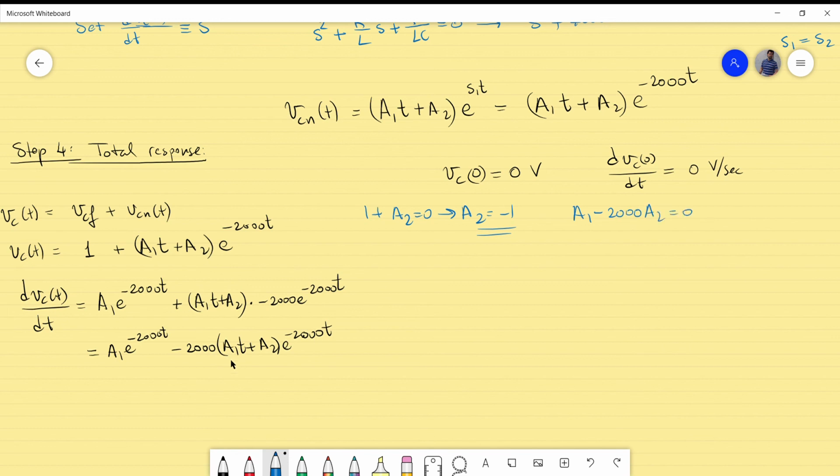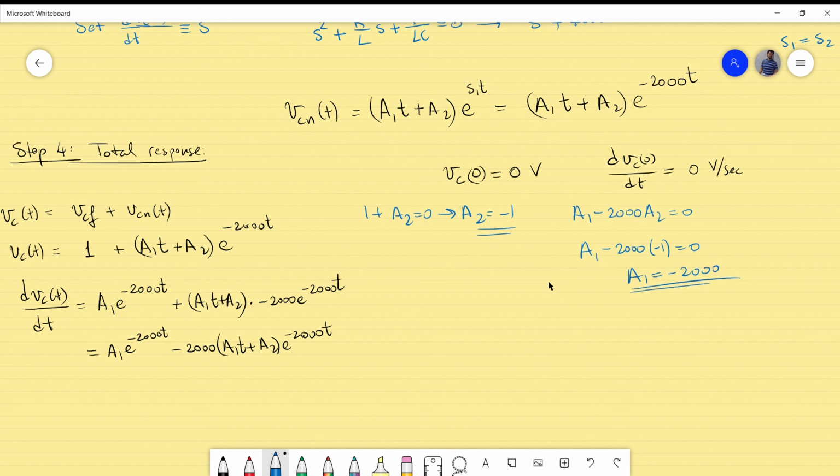Now if I fill in the A2 I already determined here, what we get is A1 minus 2000 times minus 1 is equal to 0, and that will give us A1 is minus 2000.